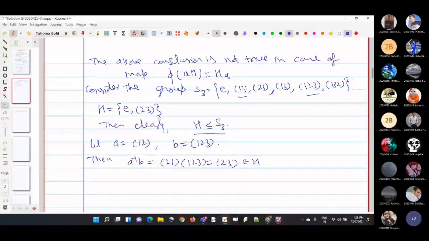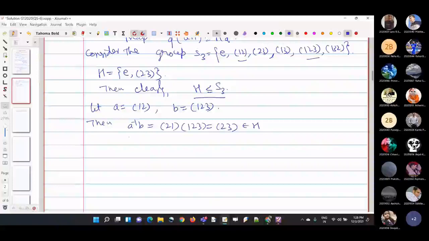So the corresponding left cosets are going to be equal. So AH equals BH, that is (1 2)H equals (1 2 3)H. You see that they are distinct, this (1 2) and (1 2 3). They are distinct, but the corresponding left cosets are the same.